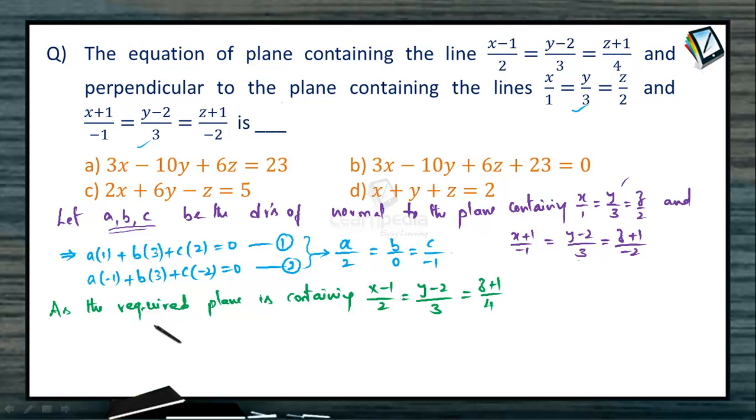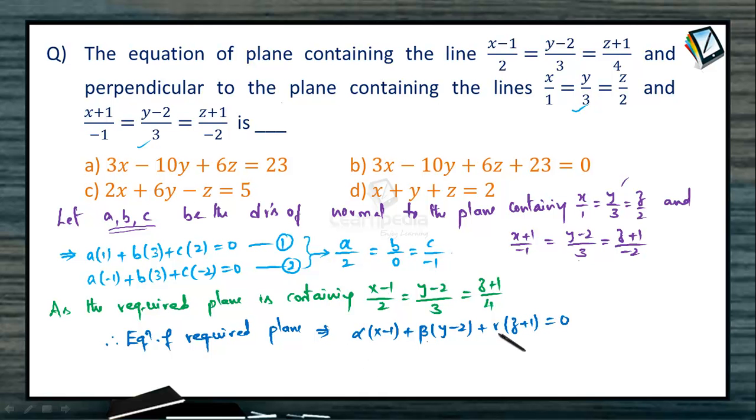That means the required plane is also passing through that point. So the possible equation of the required plane will be in the form alpha times (x minus 1) plus beta times (y minus 2) plus gamma times (z plus 1) equal to 0, where alpha, beta and gamma are the drs of the normal to this plane. Let's call this equation 3.